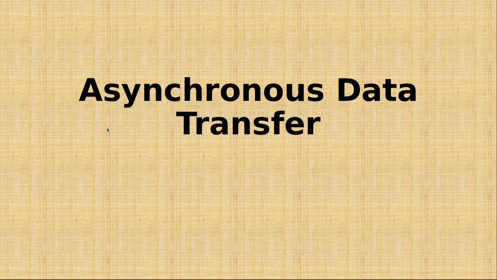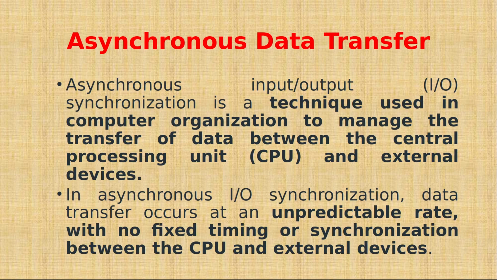So, this topic belongs to computer architecture. First of all, what is asynchronous data transfer? The data is transferred from the CPU to the external devices, or it is the data transfer between the processor CPU and the external devices.